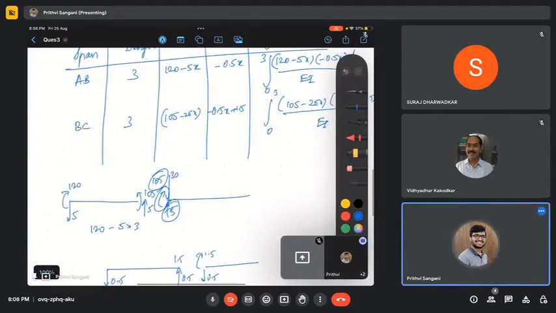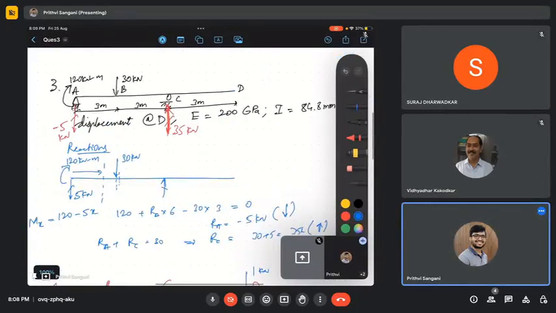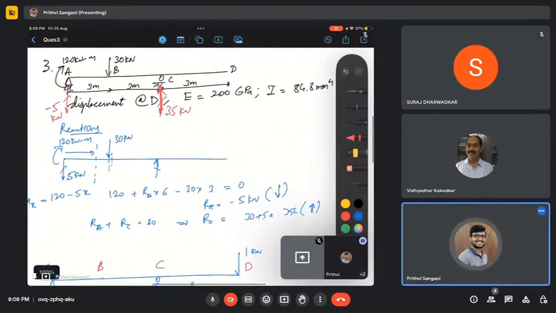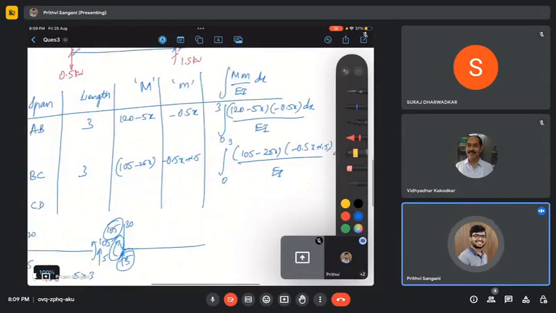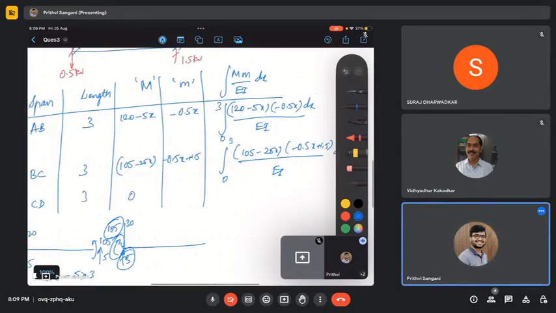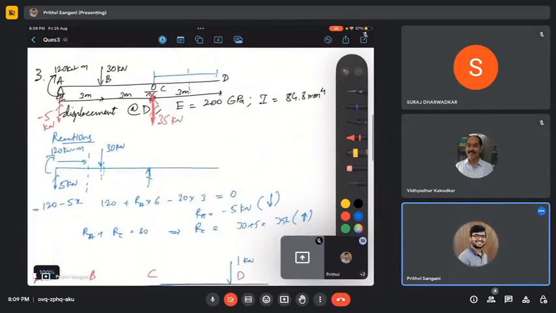What happens in CD? Let us take CD. You can go from DC also, right? So in DC there is no moment. So when you consider capital M, it is 0 directly. See here you have a reaction from this direction.